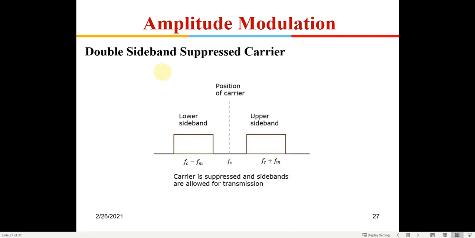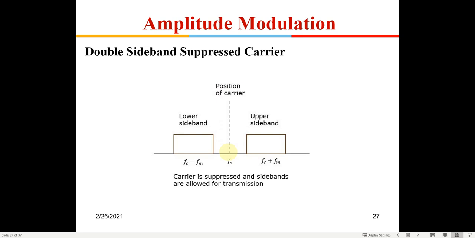Now you have another modulation scheme, which is known as double sideband suppressed carrier, in which again we are not allowing the carrier to be transmitted, we are suppressing the carrier. Why are we doing this?